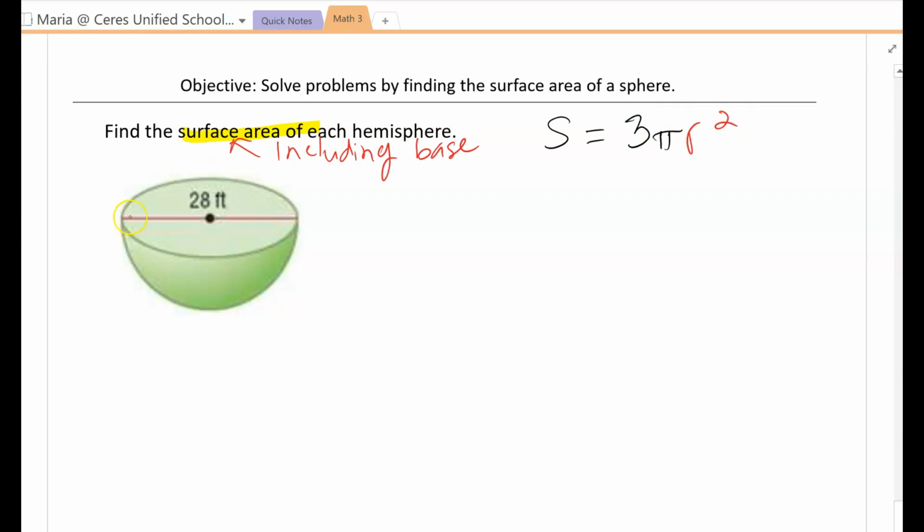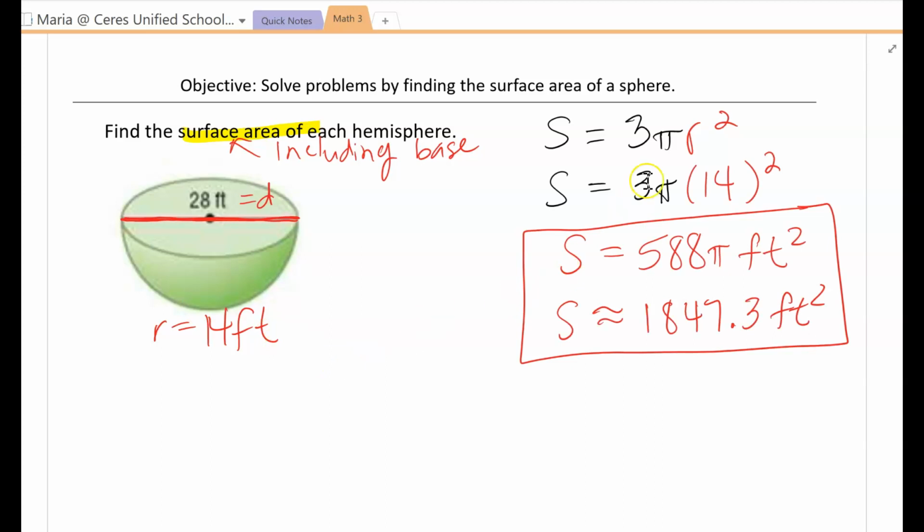Okay? And be careful again, the full segment is drawn, which means this is the diameter. So to find the radius, just take that divided by 2. So 28 divided by 2 is going to give you 14 feet for your radius. So go ahead and try this one, pause the video, and then replay it to watch the solution.